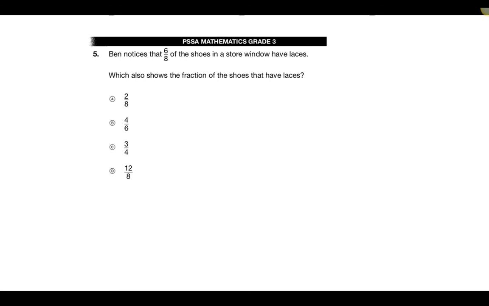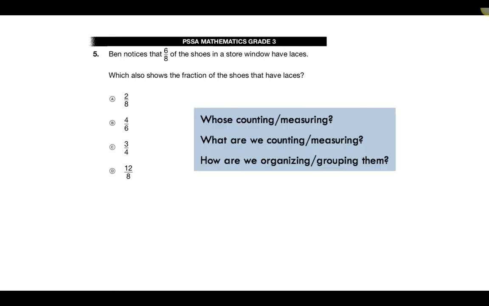All right. Ben notices that 6/8 of the shoes in a store window have laces. Who's counting? Ben. What's he counting? Oh, I'm sorry, he's counting shoes.